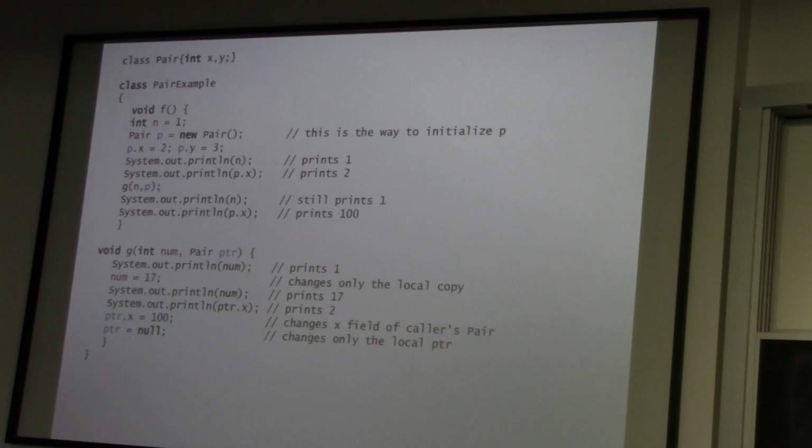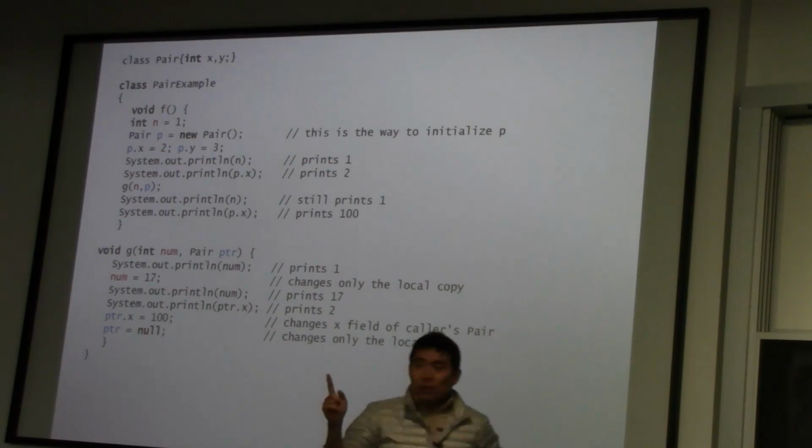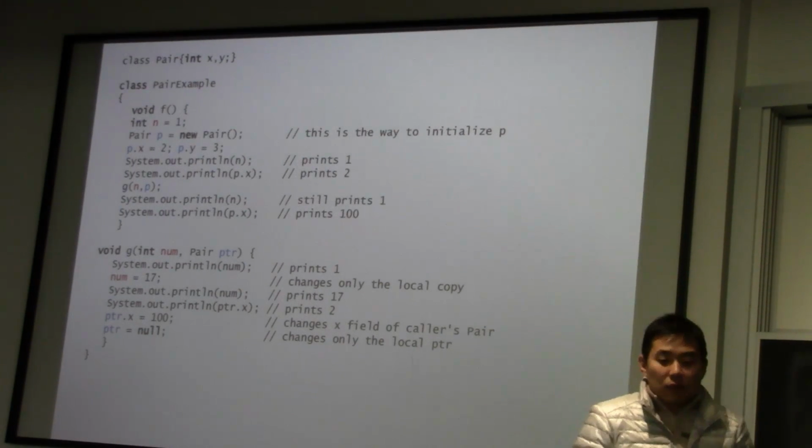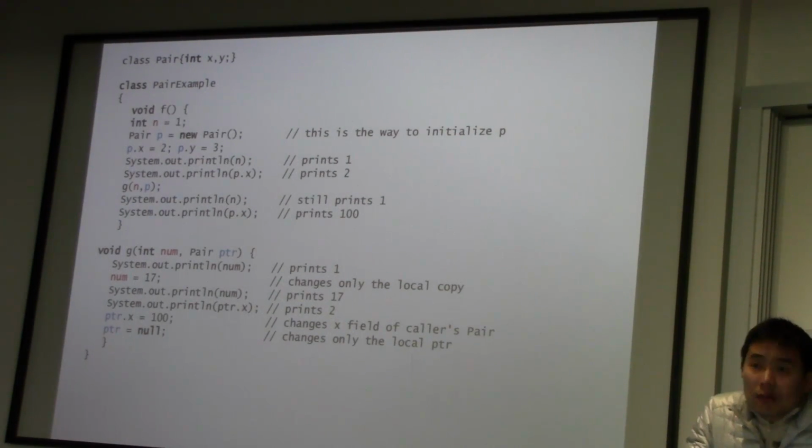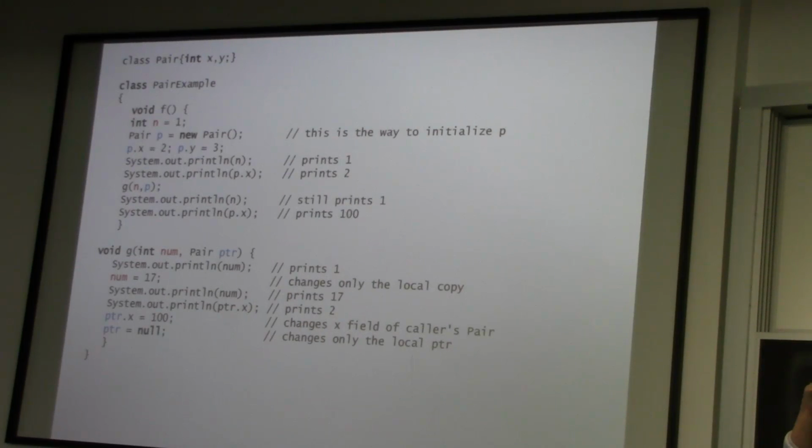And the other interesting thing here is, remember, not only did we change the value of x through this pointer, we actually reset the pointer to none, but it doesn't affect the value of P. What that tells you is the object instance itself is passed by reference, but the pointer to the object is passed by copy. There are two subtle things here.